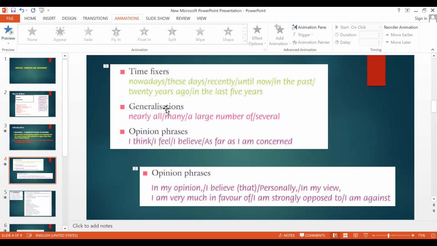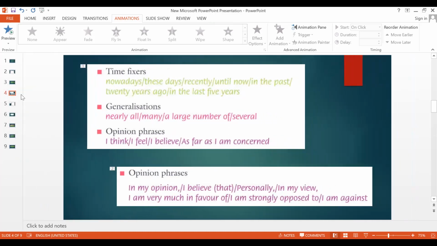Then generalizations. Yes, Ahmed, read the generalization. I recommend you use generalization also to show that not only you agree with this idea, but your idea is commonly agreed with by a wide range of people. Generalization like nearly all, many, a large number of, several.